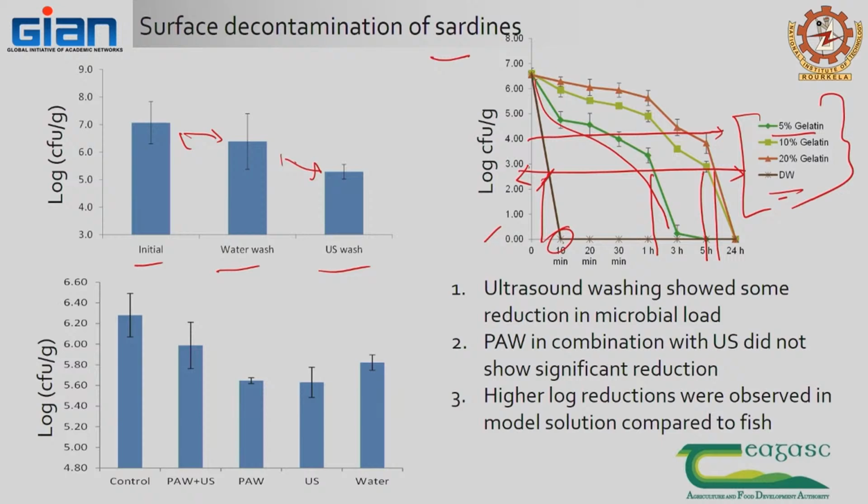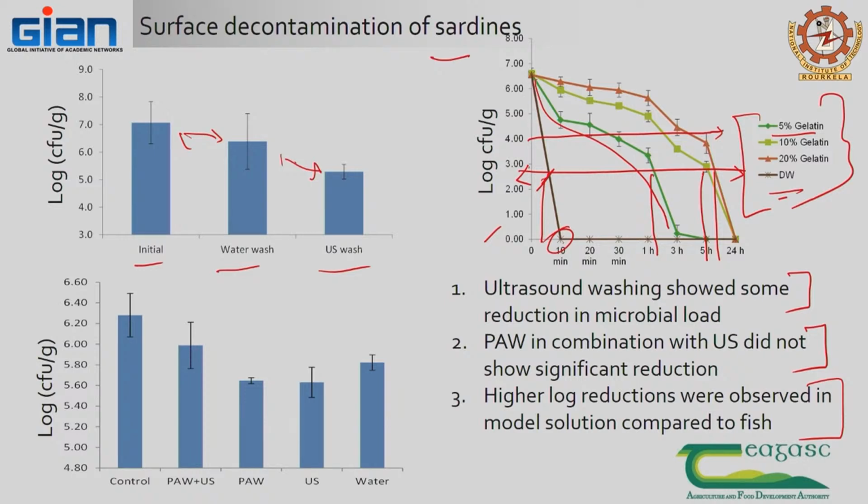Make sense? So that is the key with ultrasonic washing and plasma activated water in model solution compared to fish. What you see as 5 log in 2 minutes in a model solution may not be applicable to a real food.